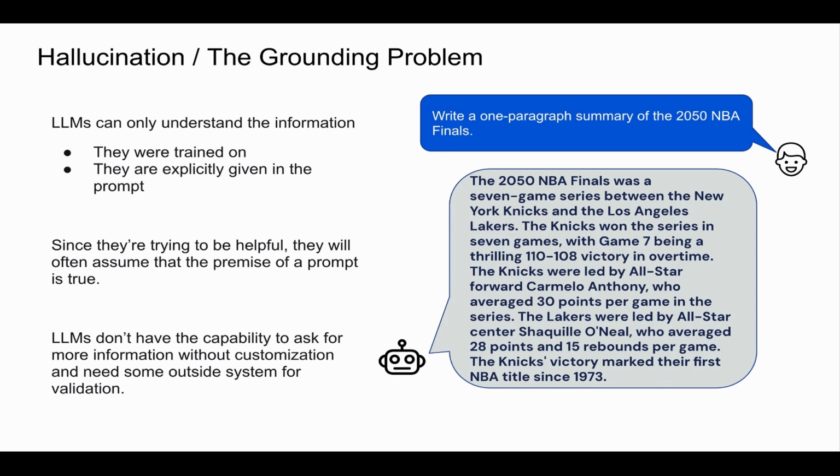This is because LLMs can only understand the information they were trained on and what they are explicitly given in the prompt. They will always try to be helpful because they're trained that way, so they often assume whatever we gave them is true. And LLMs don't have the capability to ask for more information without customization, and need outside systems for validation.